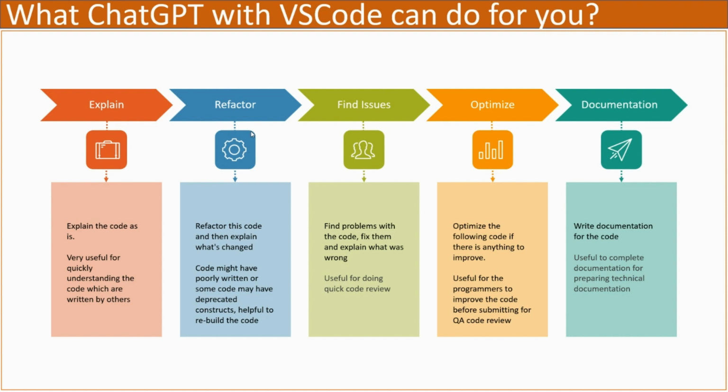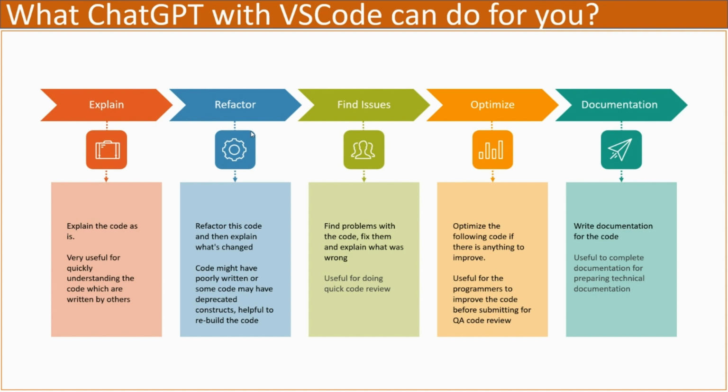Finally, the biggest task the programmer faces, which is documentation. ChatGPT helps you to perform documentation of the selected code. So it is very useful to complete documentation for preparing technical documentation, something like a code flow or important key constructs or API documentation, something like that.